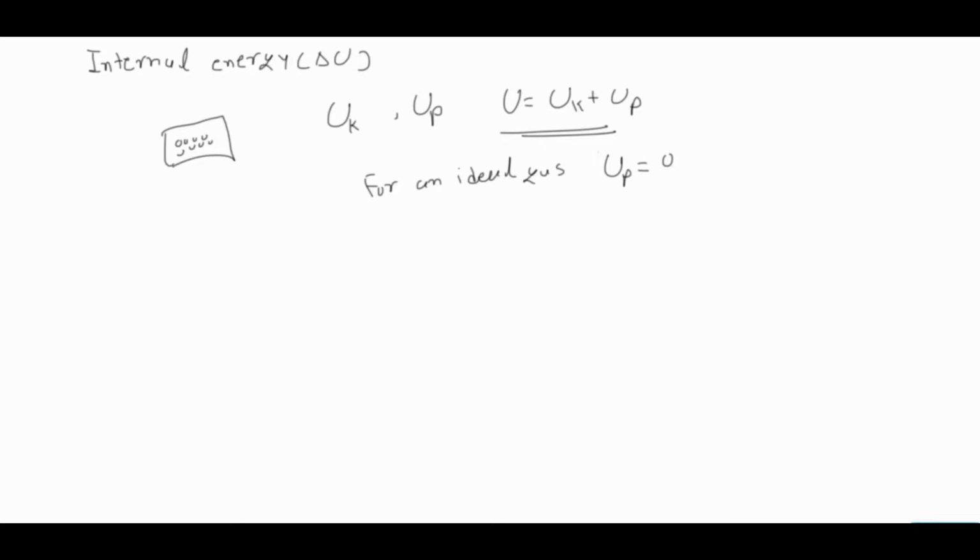Now another important term is work done, that means work delta W. What is work done? Suppose we have this piston cylinder arrangement here. If we have a piston cylinder arrangement, and if the piston moves a distance x, or we can say dx, then there has to be some work done, as the volume is going to change.